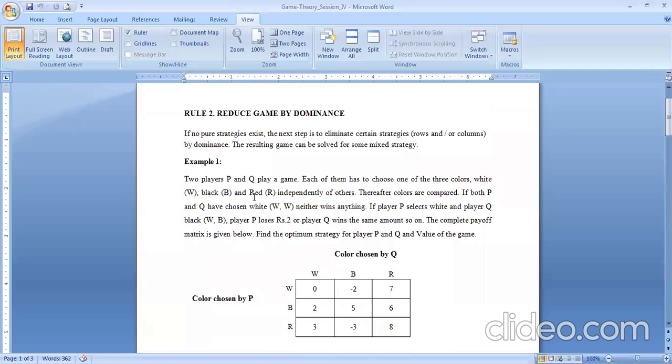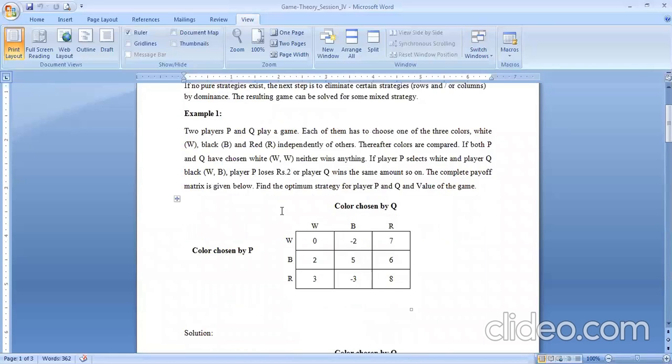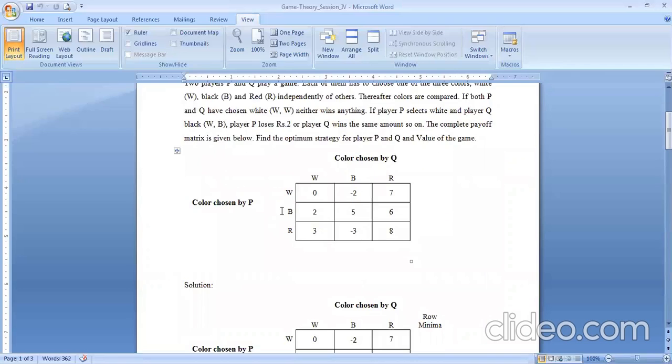The dominance rule can only be applied to those problems where a saddle point does not exist. Saddle point does not exist means what? There will not be any pure strategies which player 1 and player 2 are going to use.